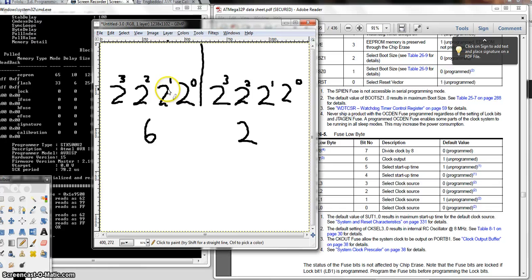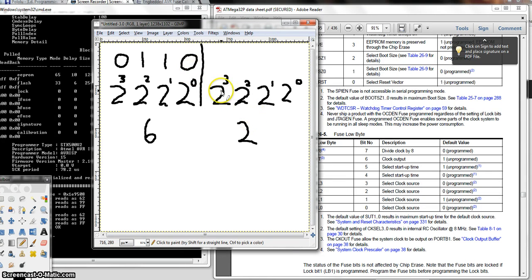So how do we do that? Well, 2 to the 2 is 4, and 2 to the 1 is 2, so we can make a 6 that way. We put a 1 for each of these, basically enabling those bits, and 0 for the other ones. Alright, so we have the first half of the byte.